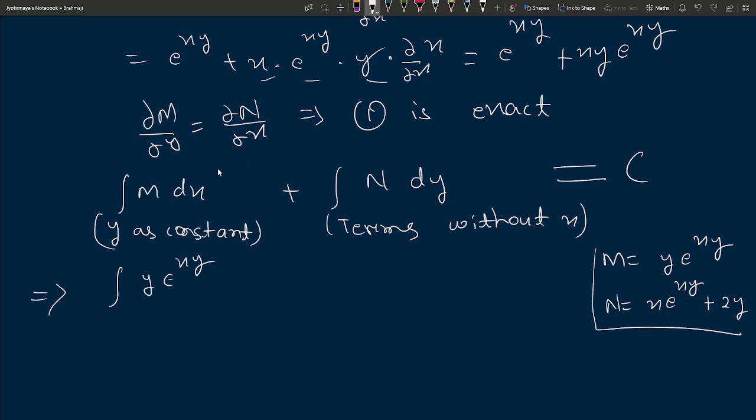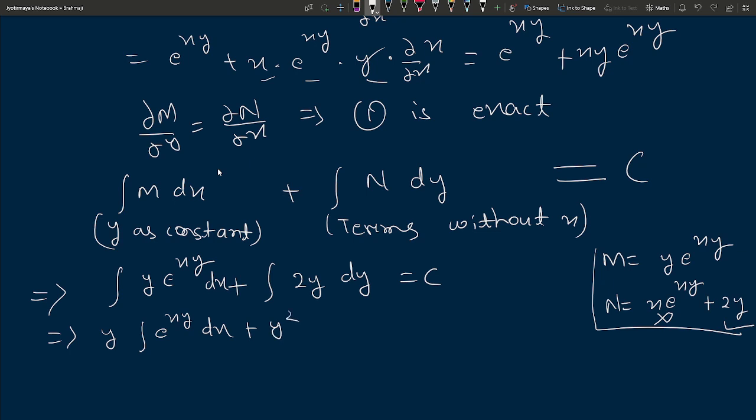Here y is constant, dx, plus integration of the terms without x. Now n has two terms. This term contains x, so I will not write it. This term is without x, 2y, so I will write only 2y dy equal to c. Now y is constant, so keep y outside. Integration of e to the power xy dx plus integration of 2y is y square, equal to c.